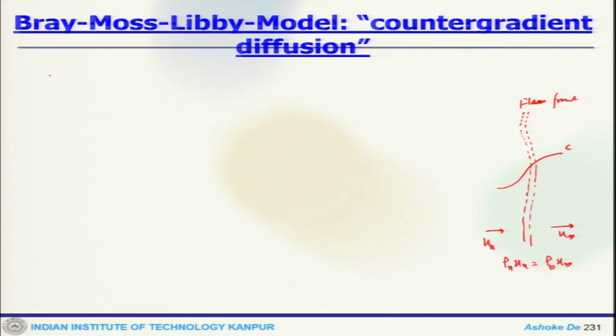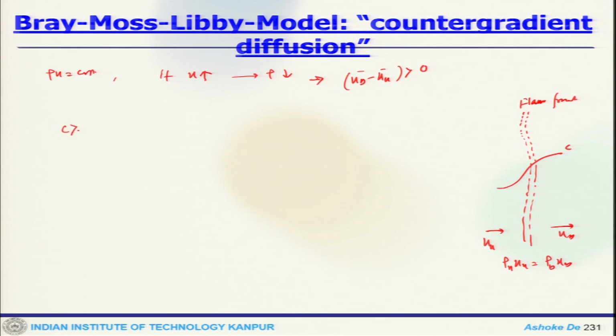Now, since rho U is constant through the flame front, if U increases, rho decreases. That means my U_B minus U_U would be positive.